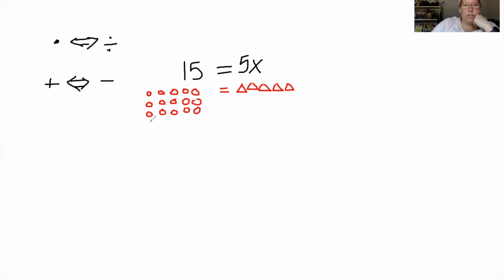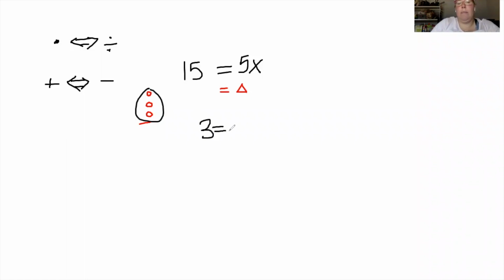So there's a group, there's a group, there's a group, there's a group, there's a group. So I can get rid of this group and this group and this group and this group. So I know that 3 is equal to my pawn, and my pawn is equal to x.